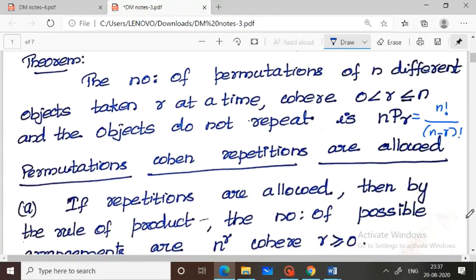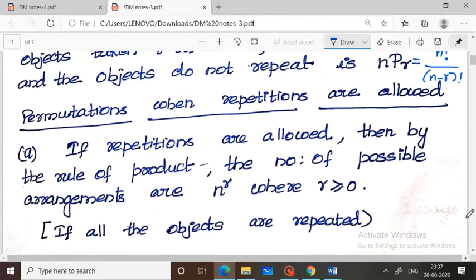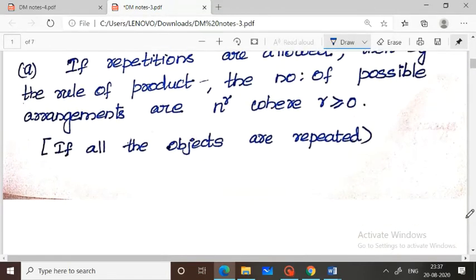Now coming to the second case, permutations when repetitions are allowed. If repetitions are allowed, then the rule of product is applied here. By the rule of product, the number of possible arrangements is n raised to r.